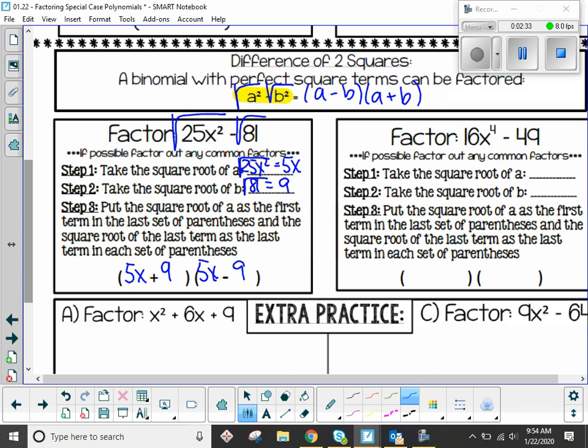All right, so doing this one right here, you're going to do what? Square root both terms. So what is the square root of 16? What is the square root of 16? And what is the square root of x to the 4, do you think? X squared, perfect. It's whatever multiplied by itself will give you back x to the 4.